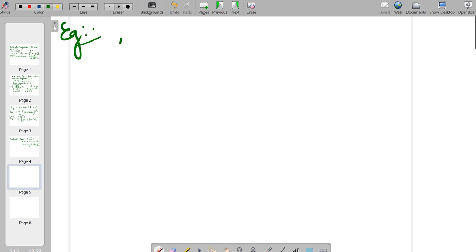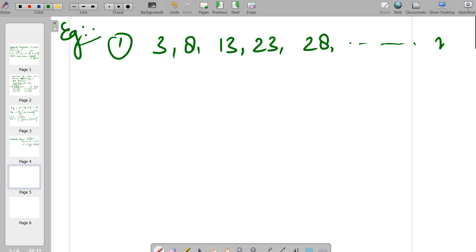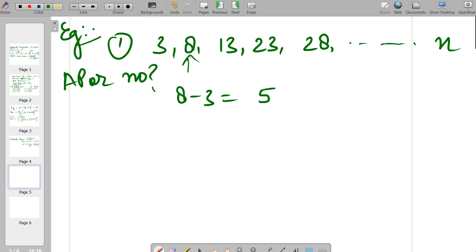So I have elements like 3, 8, 13, 23, 28 dotted up to n. Now you have to test whether the given series is an AP or not. This is the question. What you will do? Go to the second position. The second position element is 8. Now 8 minus 3 is 5.